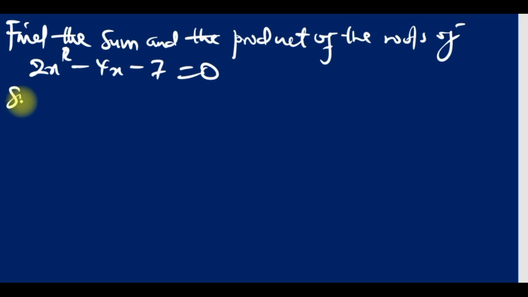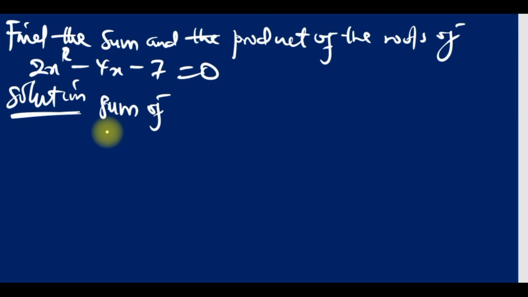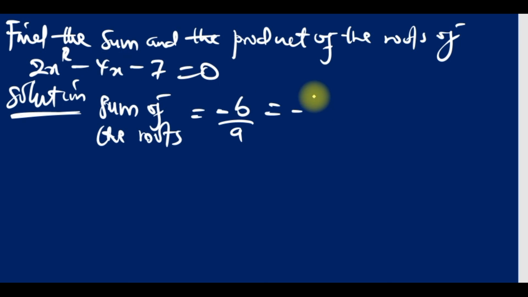So without wasting time, we say that the sum of the roots is always minus b over a, which is minus the coefficient of x, which is minus minus 4, over a, which is 2. So our answer is 2.